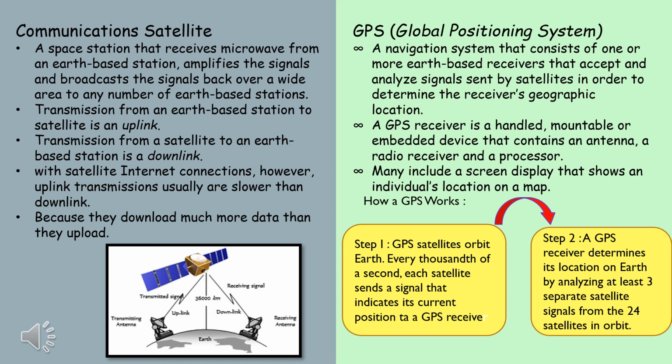This difference in speed usually is acceptable to most internet satellite users because they download much more data than they upload. Although a satellite internet connection is more expensive than cable internet or DSL connections, sometimes it is the only high-speed internet option in remote areas.